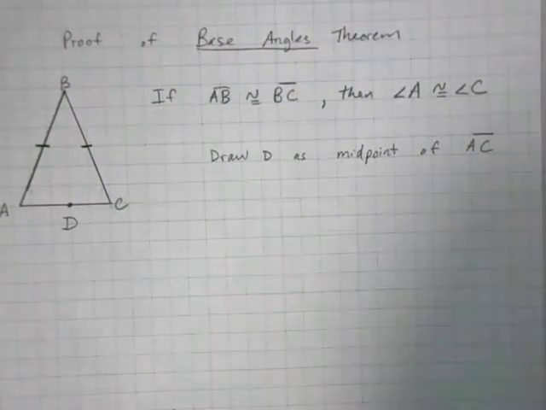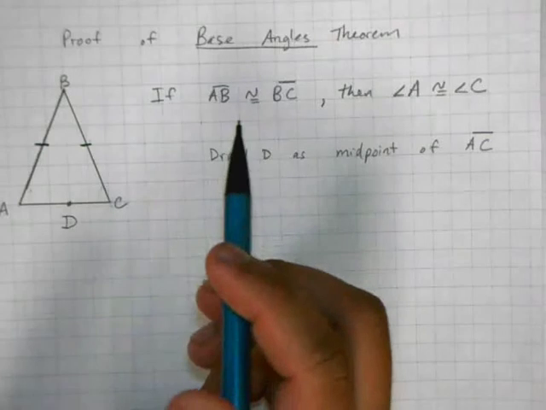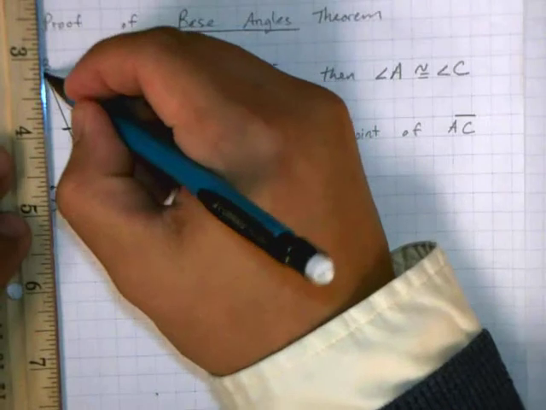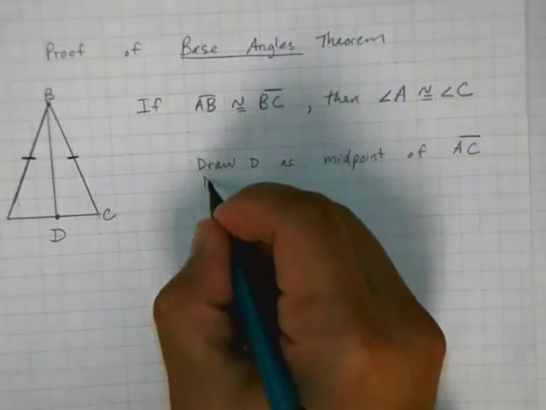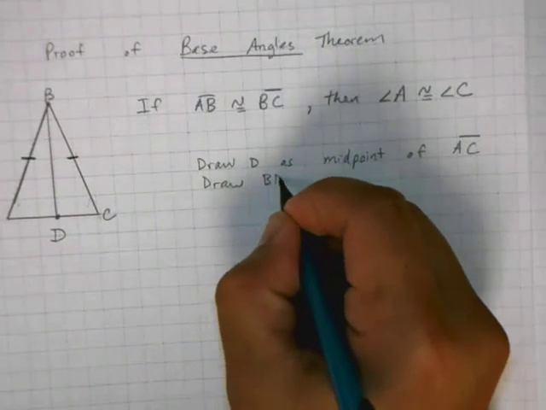Okay? Then the next thing that I'm going to do is use this midpoint in order to split this triangle into two smaller triangles. So the next thing I can say is draw BD.